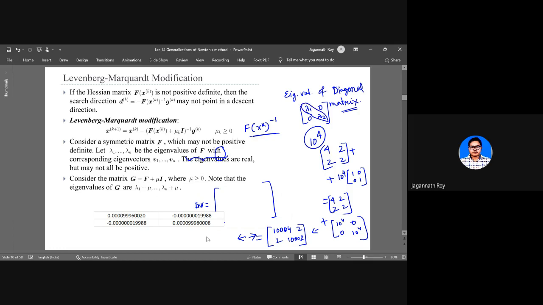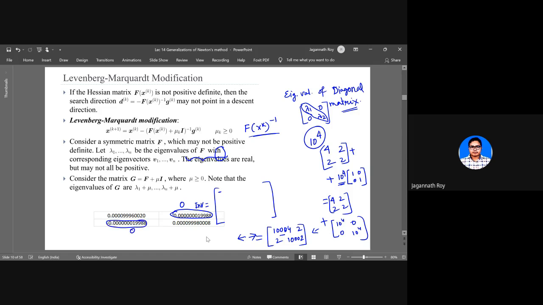Now, because of this operation, the inverse of this matrix has become of this form. Both of the diagonal entries are positive quantities, and the other entries are very, very small, almost 0 in comparison.